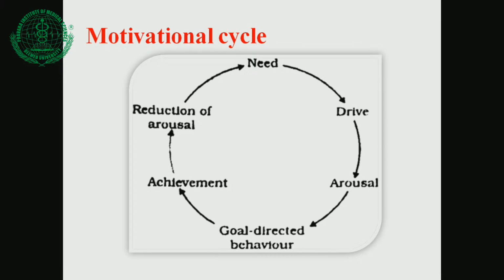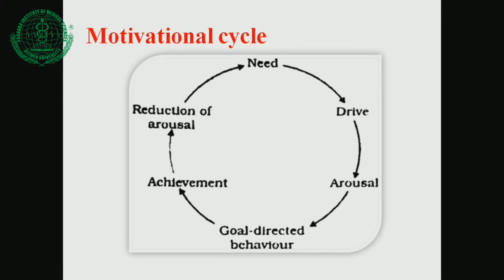So the person's body needs water, and this is defined by the drive, the thirst drive. With the body's arousal, that the body needs water, or there is a depletion in the volume of water, the person does some behavior to get the water, or drinks the water. That is the goal-directed behavior.